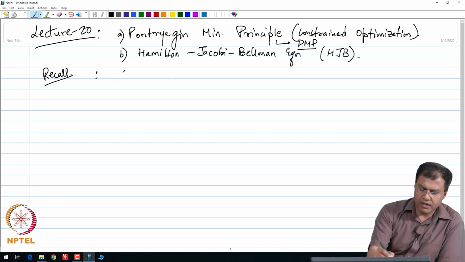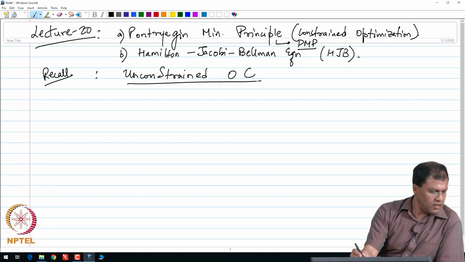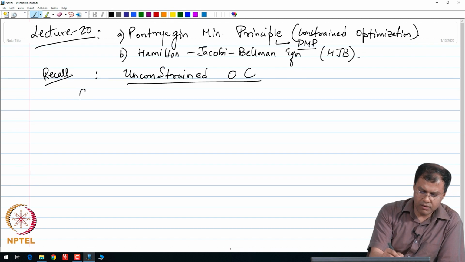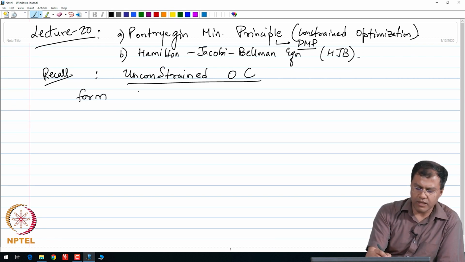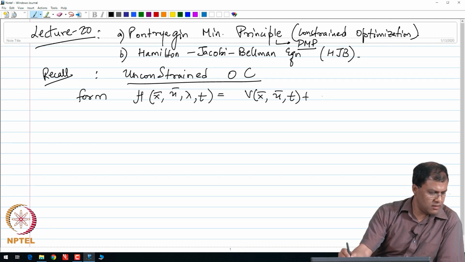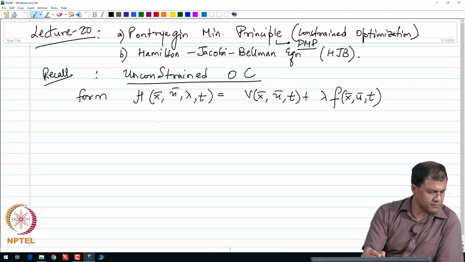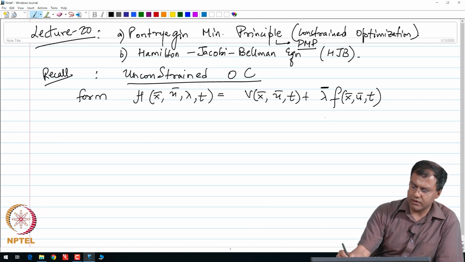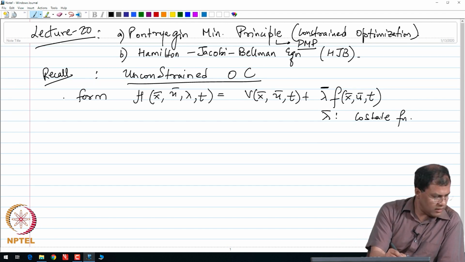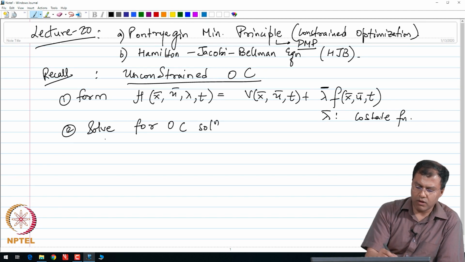So far we have done unconstrained optimal control, and for this setup I am going to quickly recall our solution methodology.